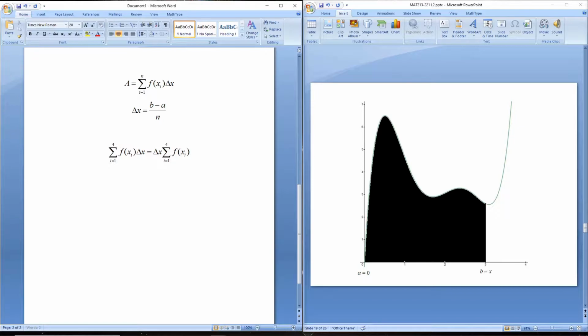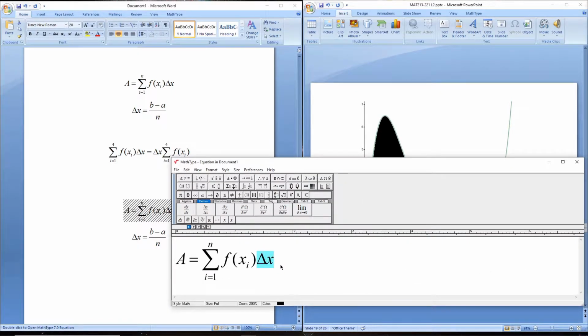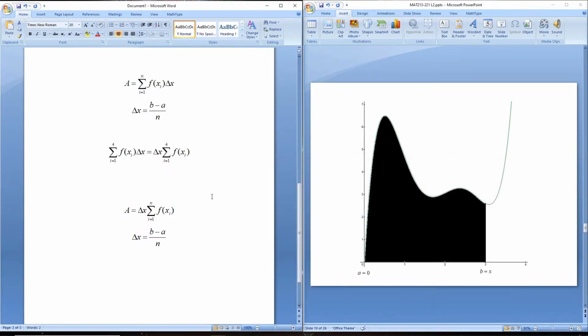So before we do a simple example, what we're going to want to do is take our expression here and our delta x, and start combining all this together. First of all, I'm going to take this delta x and pull it outside the summation using our property.